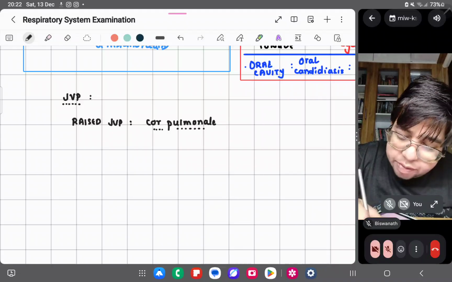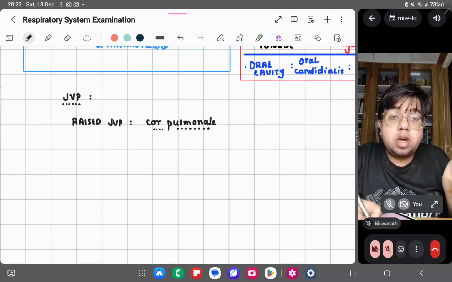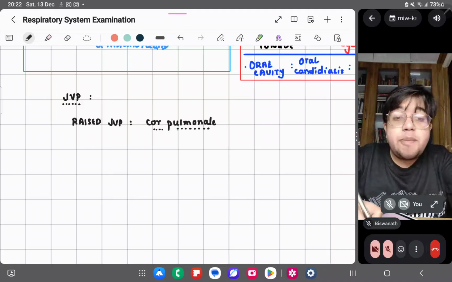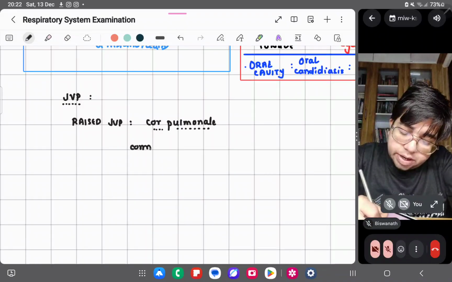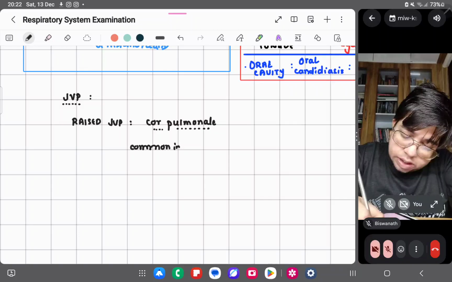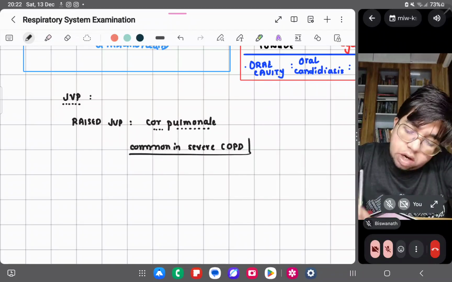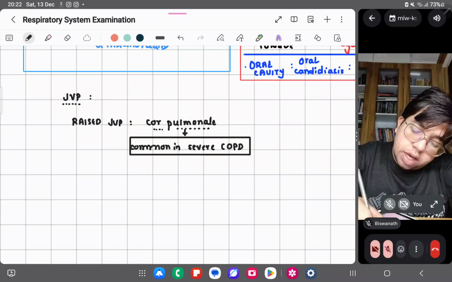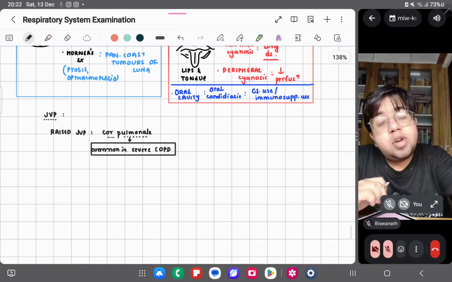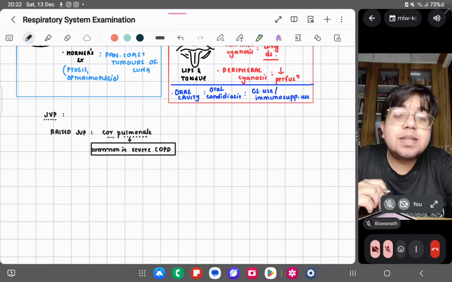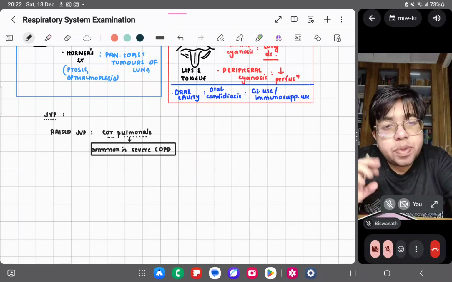So raised JVP will indicate cor pulmonale, which is common in severe COPD. Other thing which I told you in severe COPD, yes, tight pursing of lips. Okay, understood?